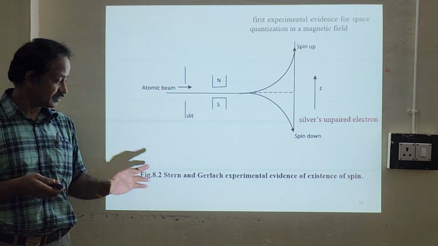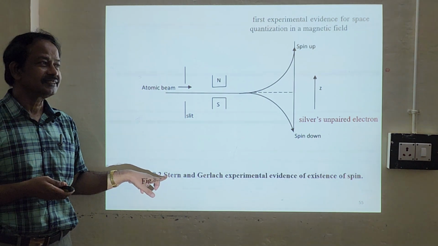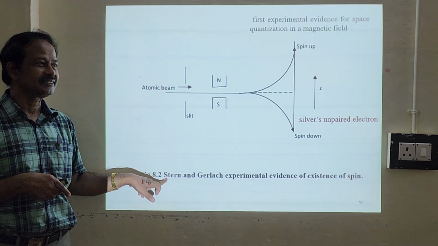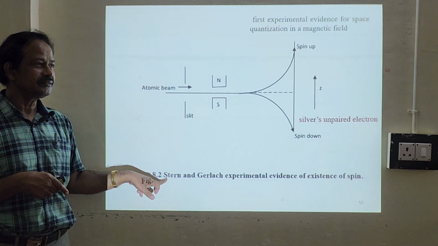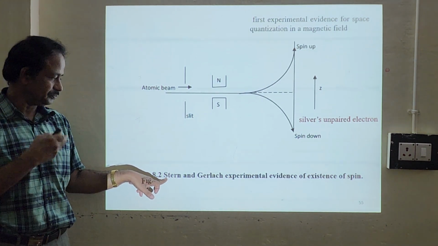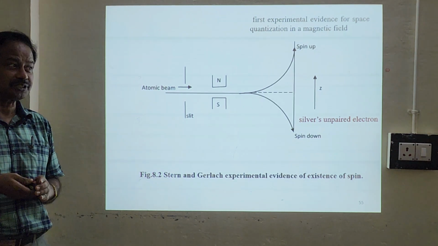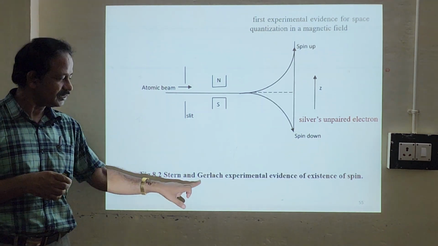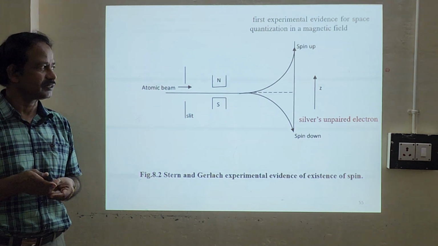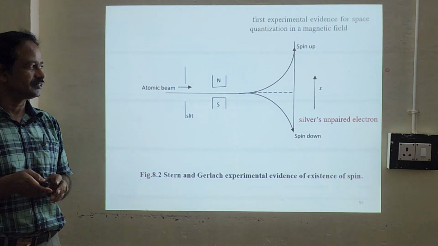Stern was of course the second most nominated person, 82 times between 1925 and 1943. So at the end he got the Nobel Prize. Gerlach did not get the Nobel Prize. Okay, so that's the story.